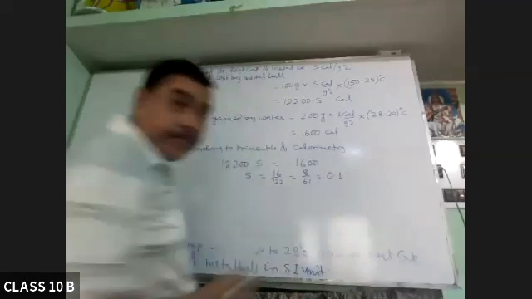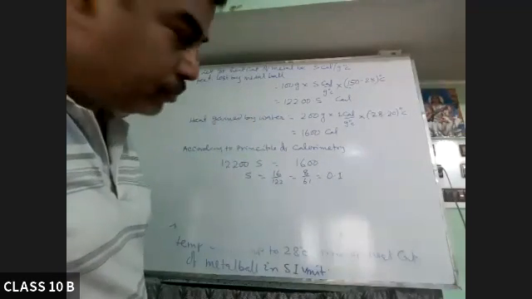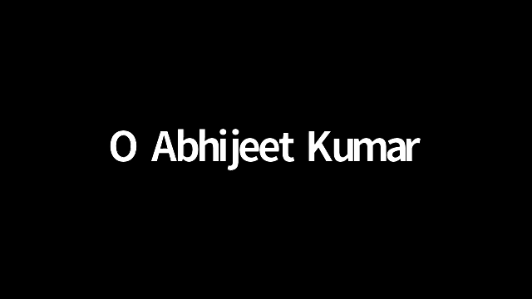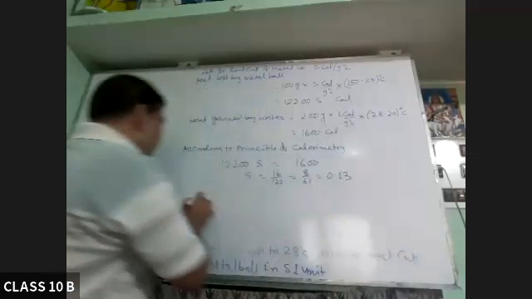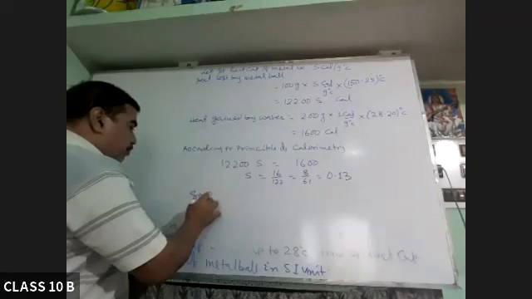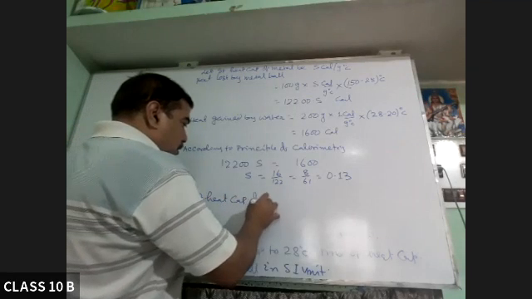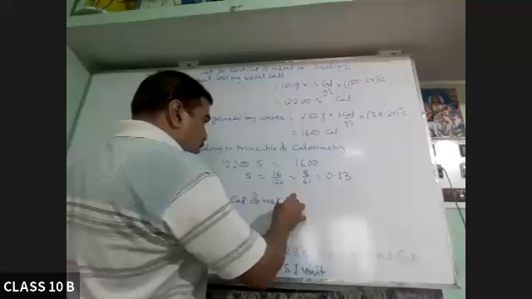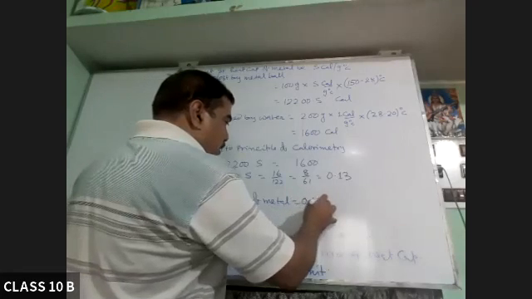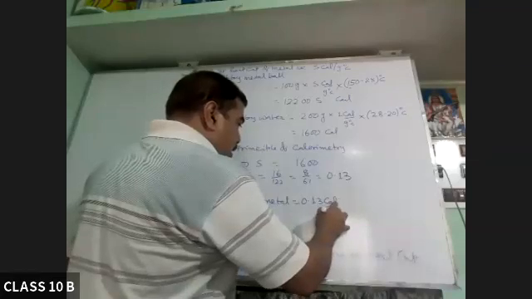Okay, so we write the specific heat capacity of metal is 0.13 calorie per gram degree Celsius.